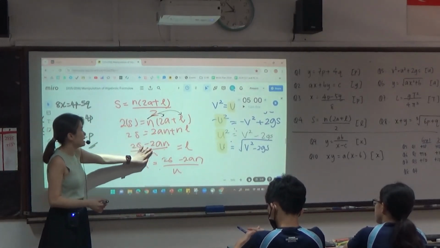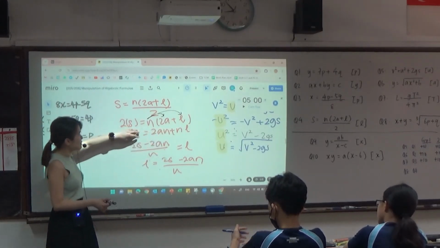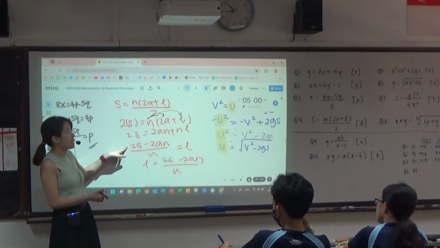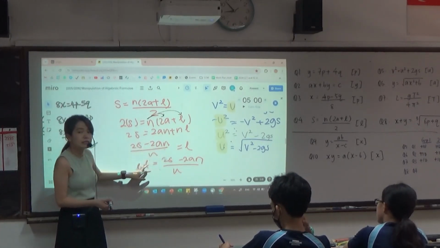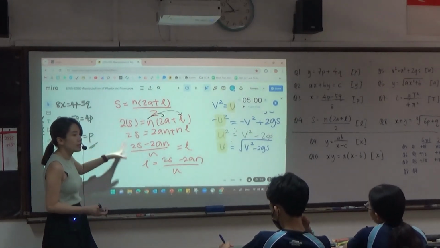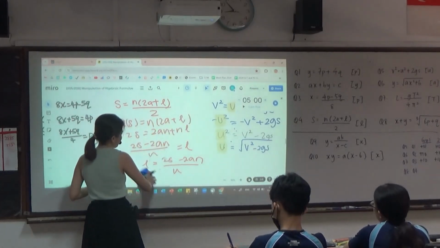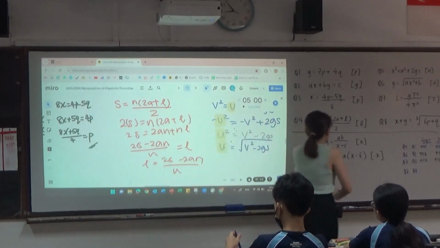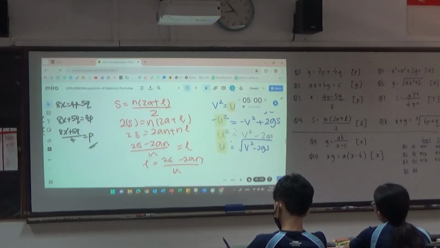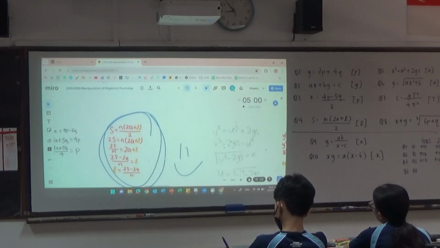So we have 2s minus 2an over n, because after moving this over, we still need to divide by n. This person skipped a few steps, but this answer itself is not wrong, it is correct. Wondering who did this working? Okay, so Brandon's answer is right. Group 2's one is also correct.